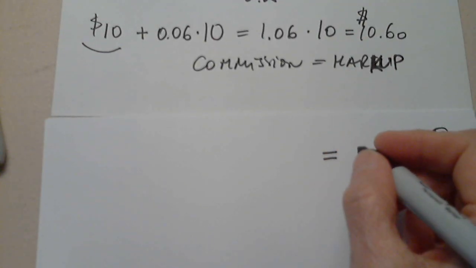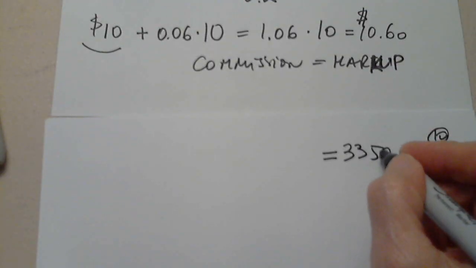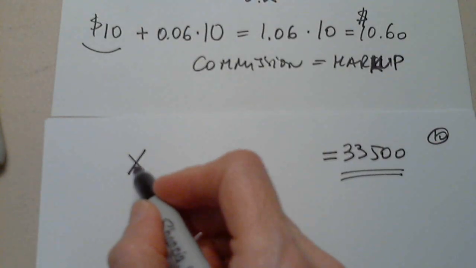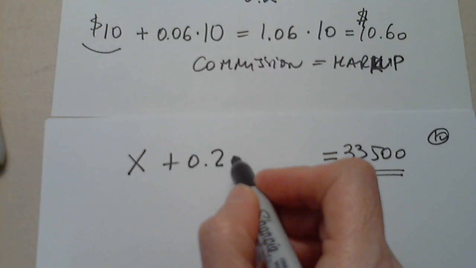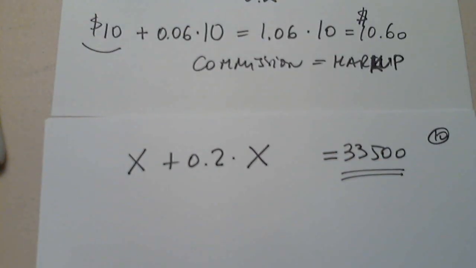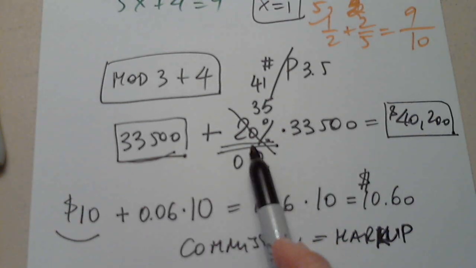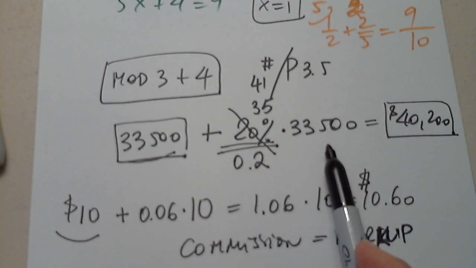So if the price is 33,500, this is what we end up paying. Then to a price of X, we have to add 20% of X to see what was the cost to the dealer. I thought that was the sticker price, and they were adding 20% of the sticker price.